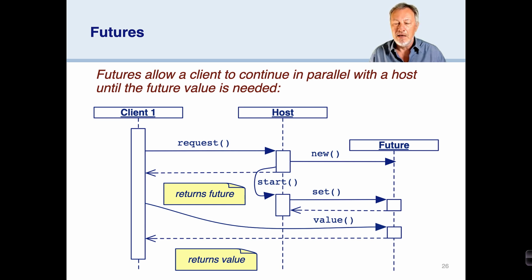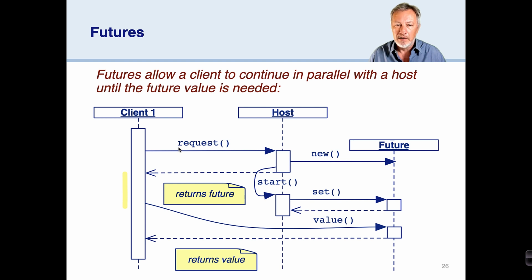So the key thing is that the client immediately gets a ticket for the future, and the client can continue executing, doing something in parallel while the future value is being computed, and then only when the client actually needs that value will the client block.